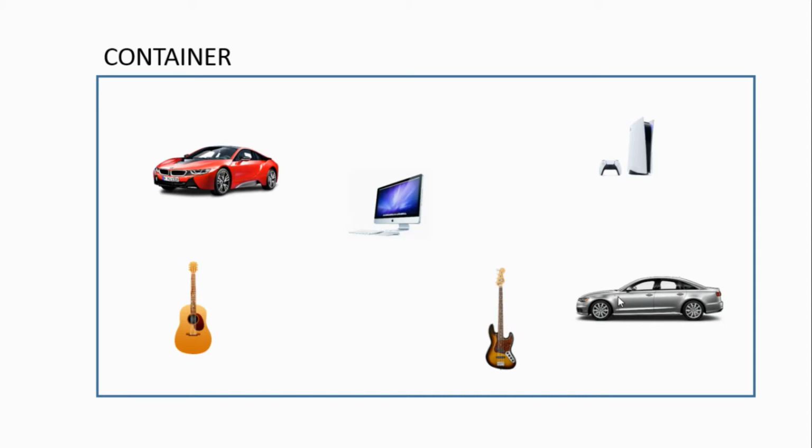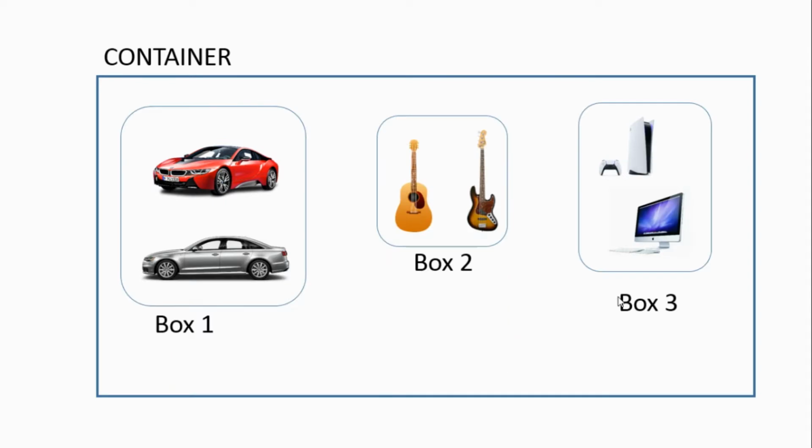And let's assume that you want to organize these products by type. So you can put these products into boxes and divide them by type. You have box 1, just cars, box 2, just musical instruments, and box 3, just electronics, let's say.